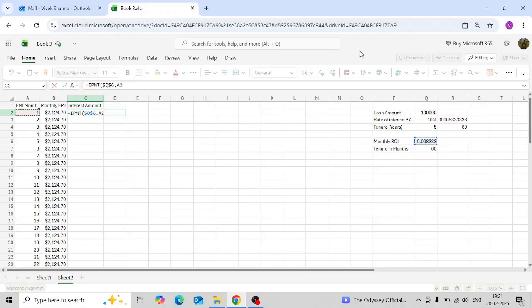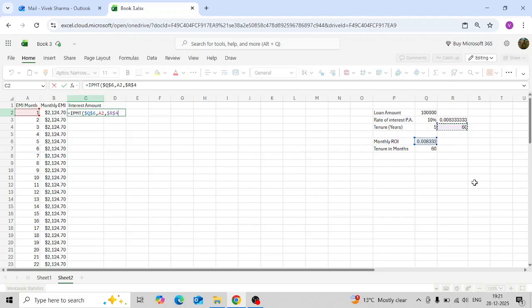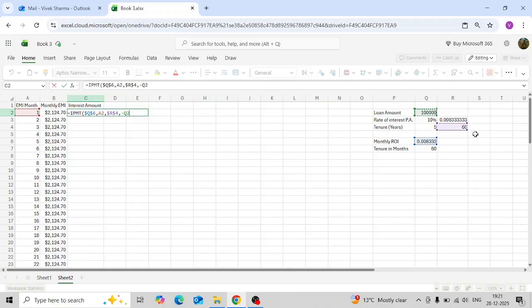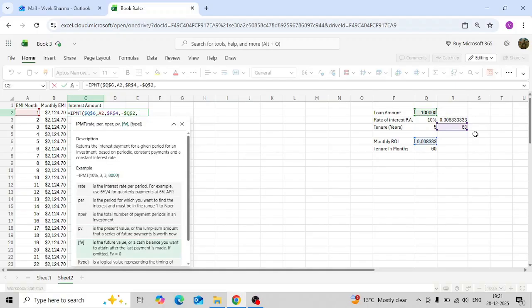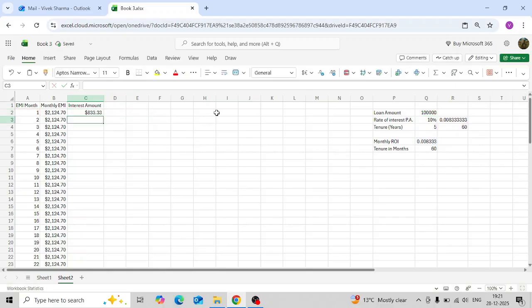Then we have number of periods, obviously 60 months, that would be frozen. Then we have present value, which is the loan amount, and then the future value that you want after making the last payment, and obviously we want that to be 0. Now press enter. We got 833. Just drag the formula.